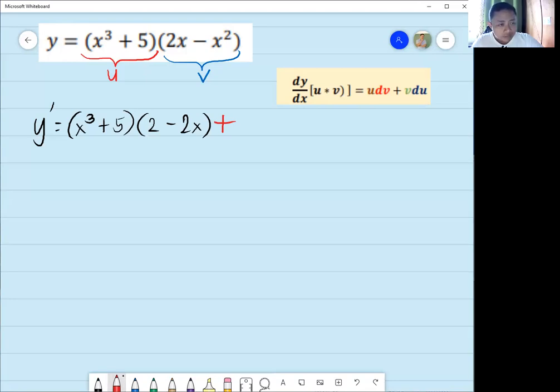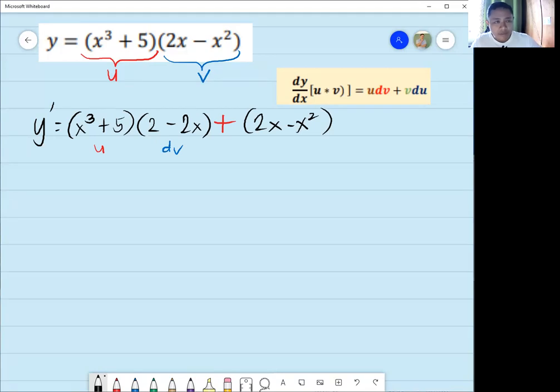So again, this is our U. I will just label it so that our other classmates can follow. This is DV. DV, this is the product of our V. Okay, next, VDU. In short, I'll just have to copy my V, which is 2x minus x squared. Ayan. And then get the derivative of u.